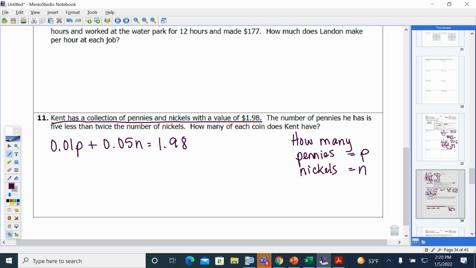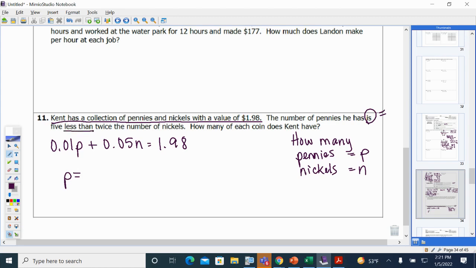The number of pennies he has is. So in word problems, the word is is going to indicate equals. So the number of pennies he has is. So P equals 5 less than twice the number of nickels. How do we write 5 less than?